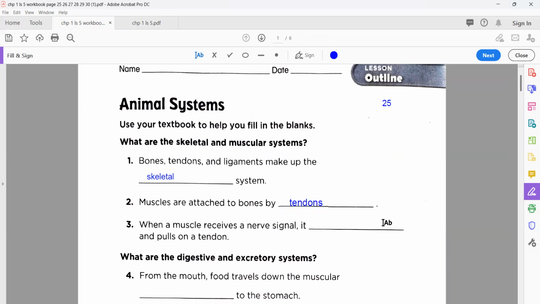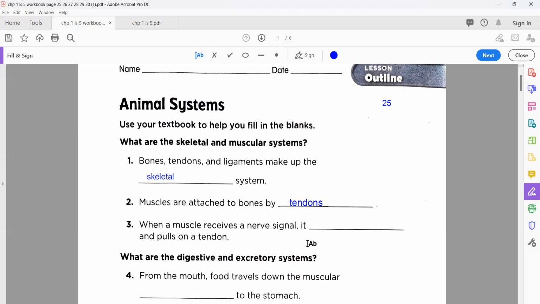Okay, now after that, when a muscle receives a nerve signal, it dash and pulls on a tendon. If you want to take your book, drink water, or move your arms or legs, first the nerve signals move in your body, and the order comes from the brain or from external stimuli.